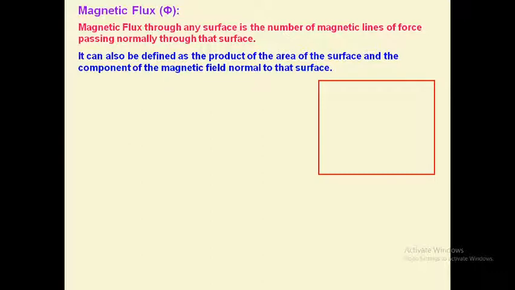You can see the same thing in diagram. Well, this is a small area dS. N cap is the normal vector and this is magnetic field. So you can see here the component of magnetic field along the normal is B cos theta.